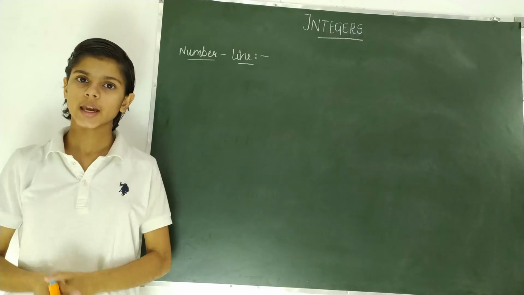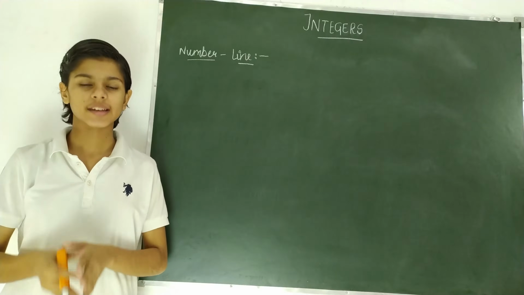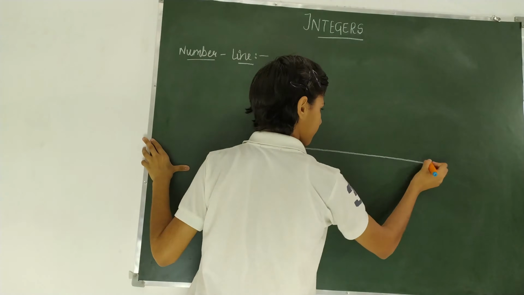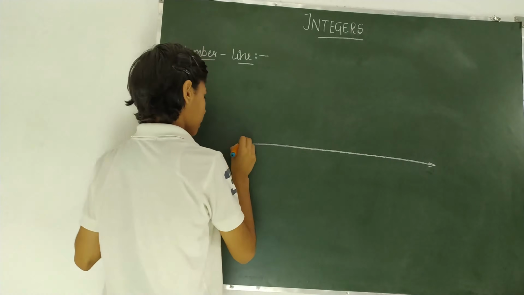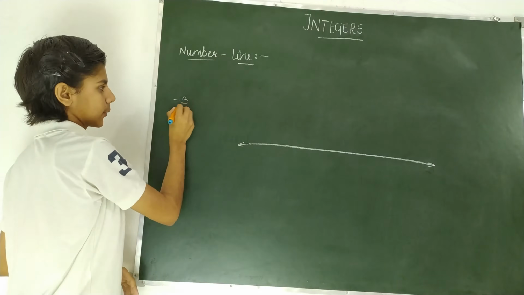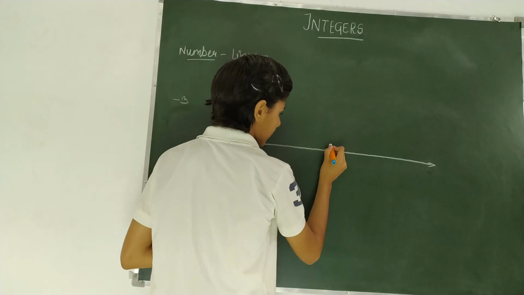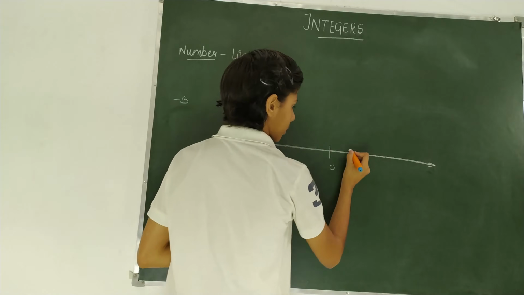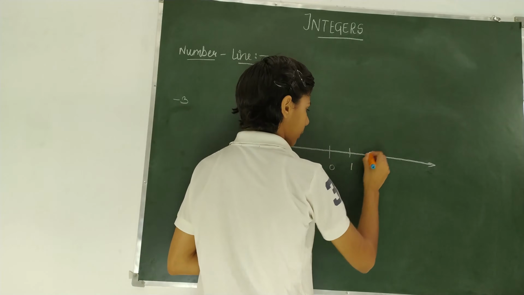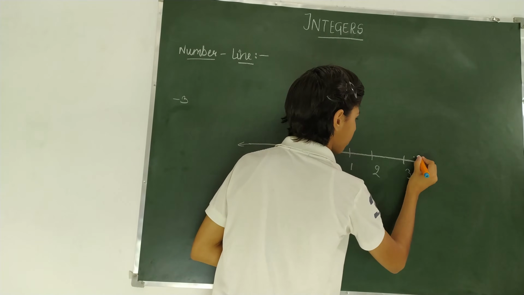Now we will see how to represent an integer on a number line. It is very simple. First draw a straight line. For example, I want to represent -3 on the number line. First of all, I will mark 0 in the center. This side of 0 extends the positive numbers, so 1, 2, 3, and you can write 3 dots.